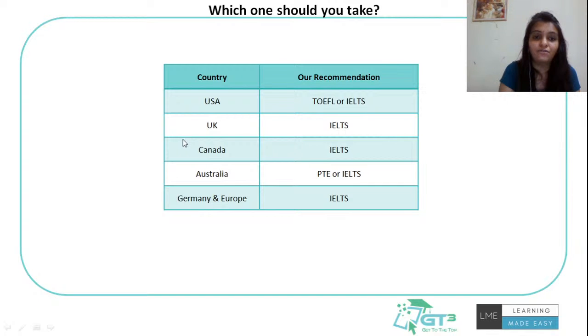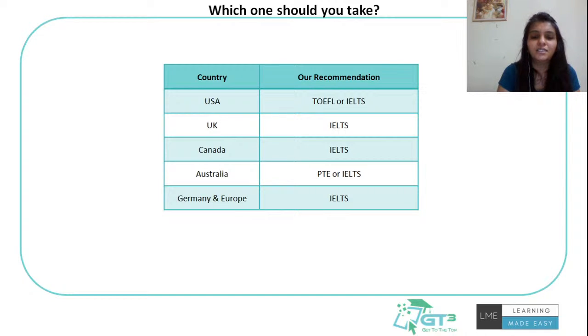However, in the case of UK, Canada, Germany, and even Australia, IELTS is most probably accepted. In Australia, if you're going for academic, you can go for PTE or IELTS, whichever pattern is convenient for you. If you're computer savvy and very good at your English level, then you can always go for PTE.